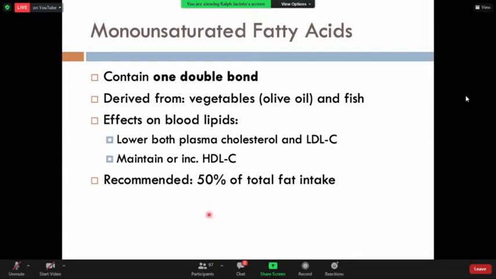So later on, at the end of this lecture, we will look at how we do nutritional prescription or dietary prescription. So we will compute for the amount of carbohydrates, lipids, and proteins that we need per day, and then for the lipids, 50% of that should be monounsaturated fatty acids.